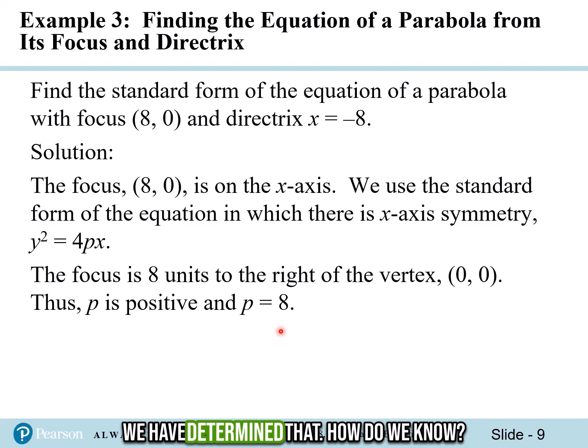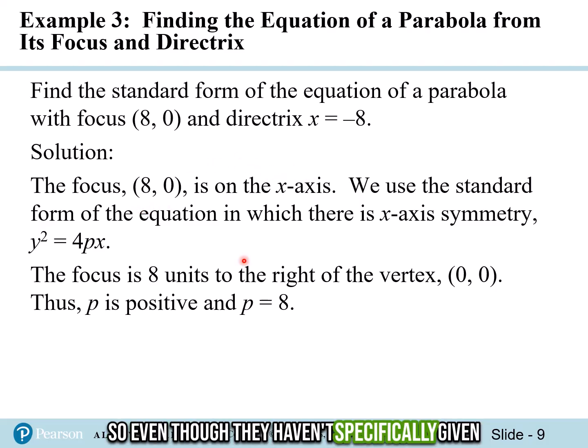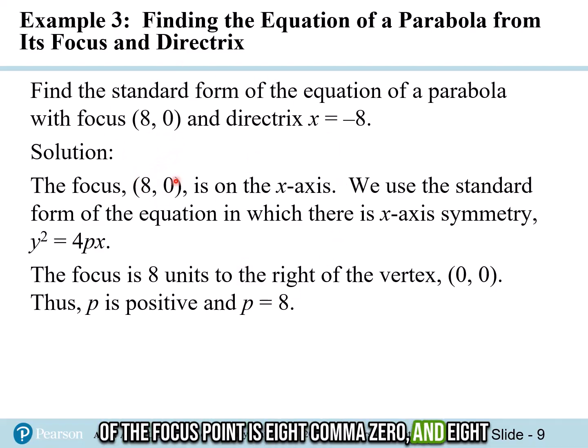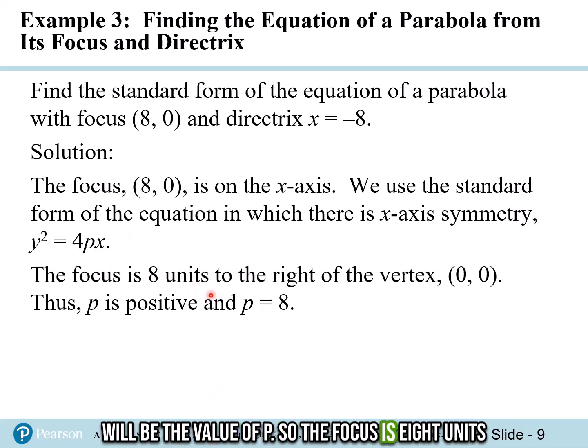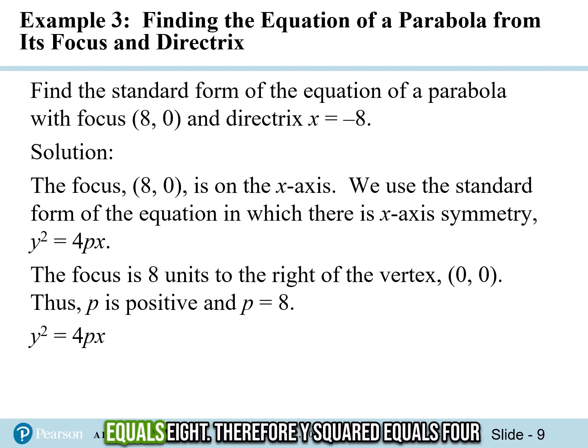We have determined that. How do we know? Because p is the x-coordinate of the focus point. So even though they haven't specifically given us the value of p, we know that the coordinates of the focus point are (8, 0), and 8 will be the value of p. So the focus is 8 units away from the vertex, but p is positive and p equals 8.